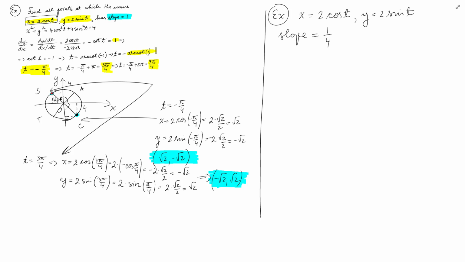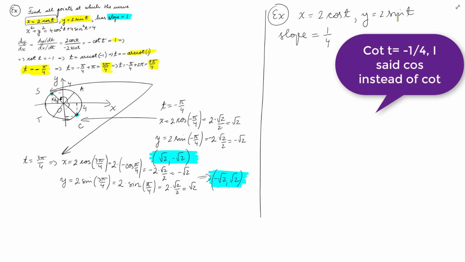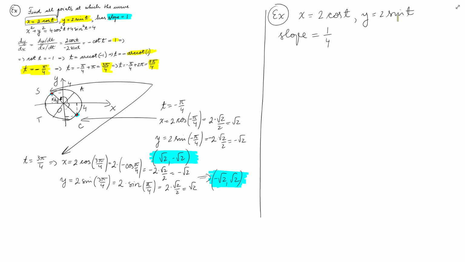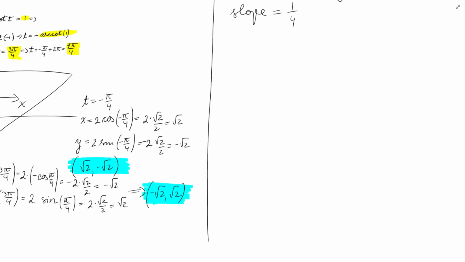But what if we want to find all the points at which the curve x equals 2 cosine t, y equals 2 sine t has slope 1/4, which would create cotangent of t equals negative 1/4, which is not a common value. So what would we do?